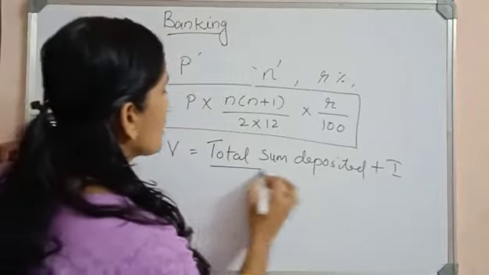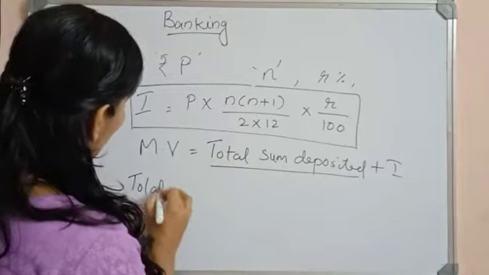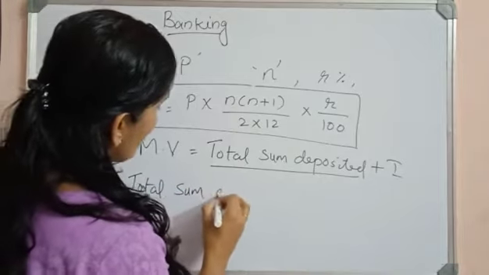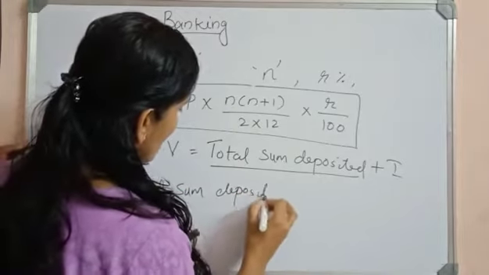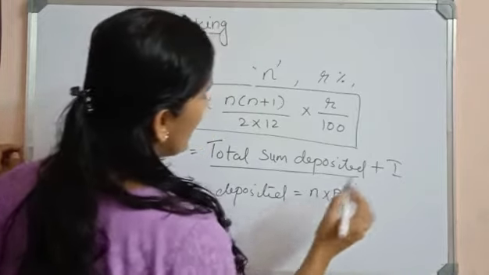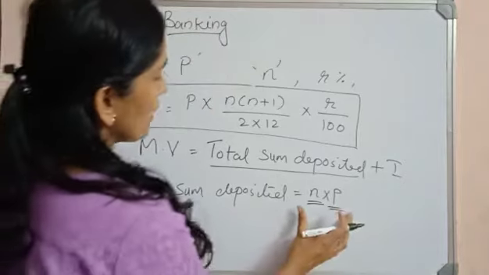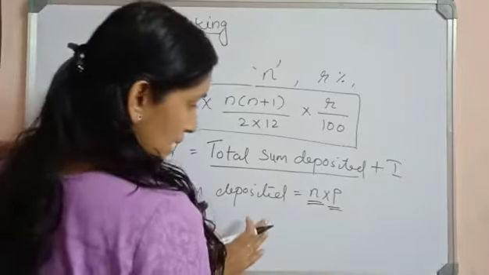How to calculate the total sum deposited? The total sum deposited is equal to n into P. N is the number of months and P is the monthly installment. So you will get the total amount deposited in the bank.